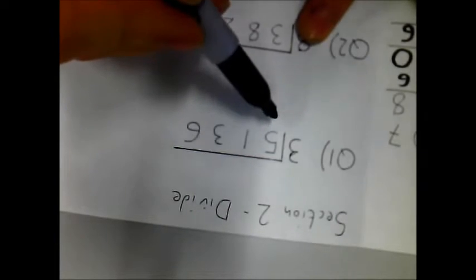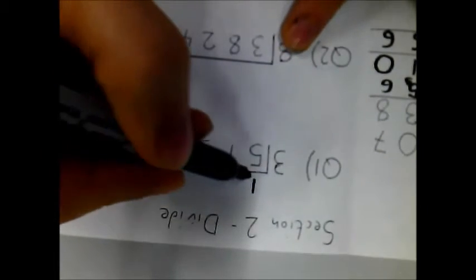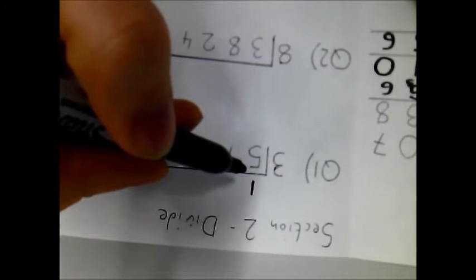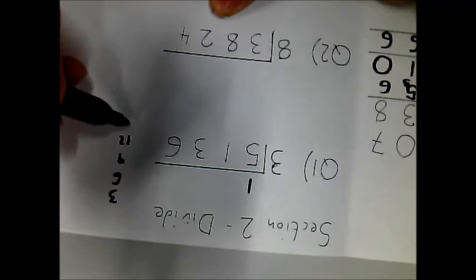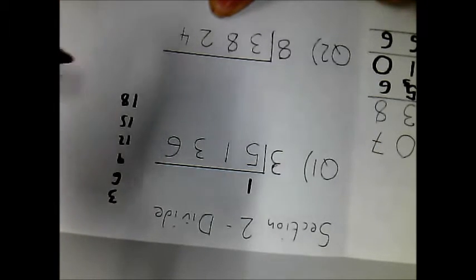Let's look at the division sums. So here I want to do 3s into 5. Goes once. Okay, and I can do my 3 times table along the side here to help me. So 3 goes into 5 once.